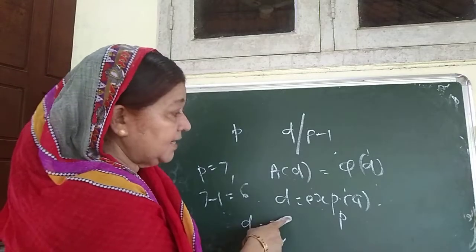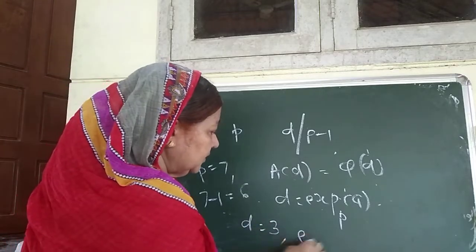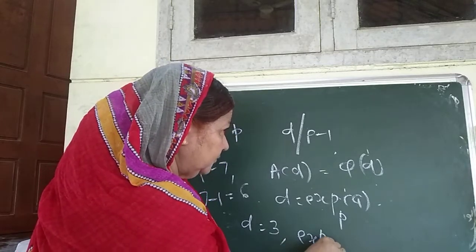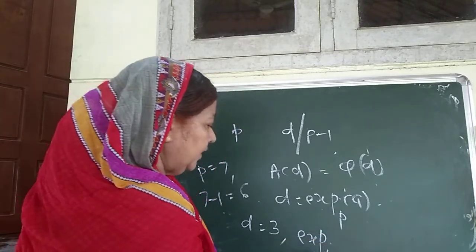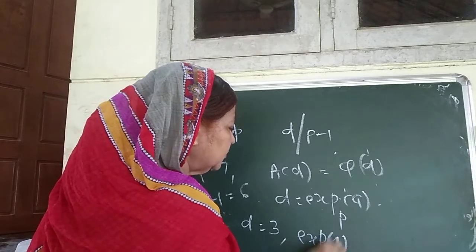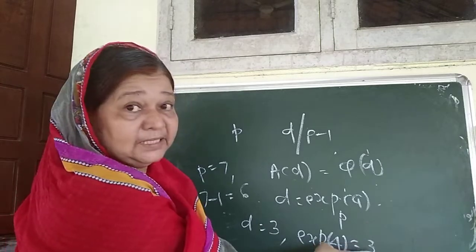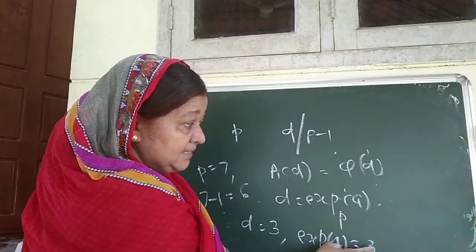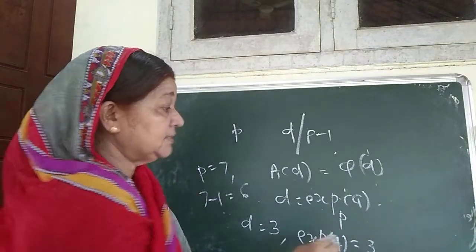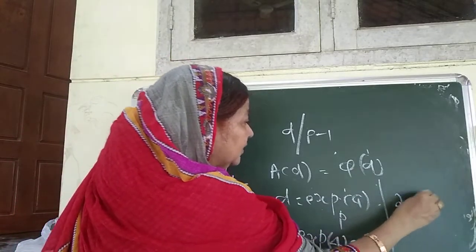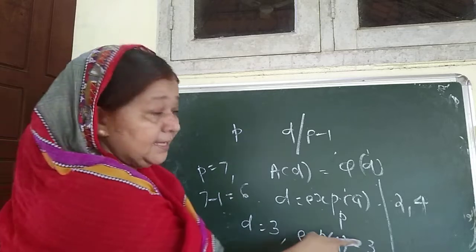Then 4 has exponent modulo 7 of 4 equal to 3. The elements having exponent 3 are two elements, 4 and 2. There are two elements having exponent 3.